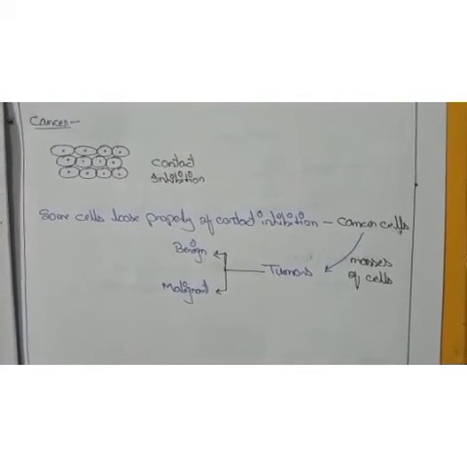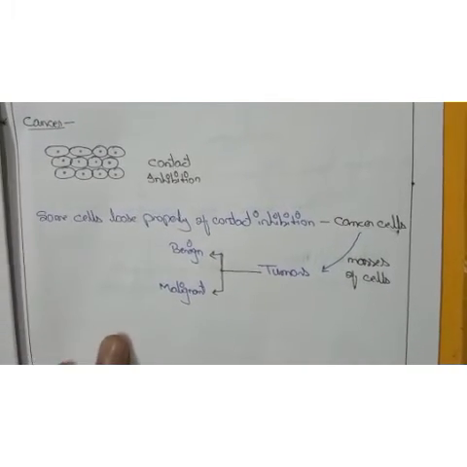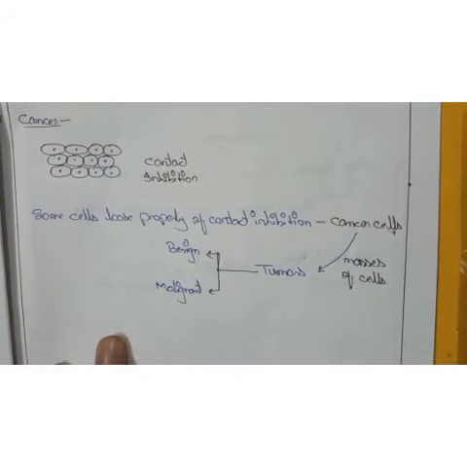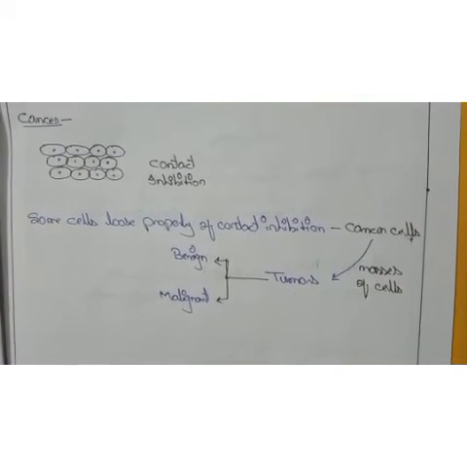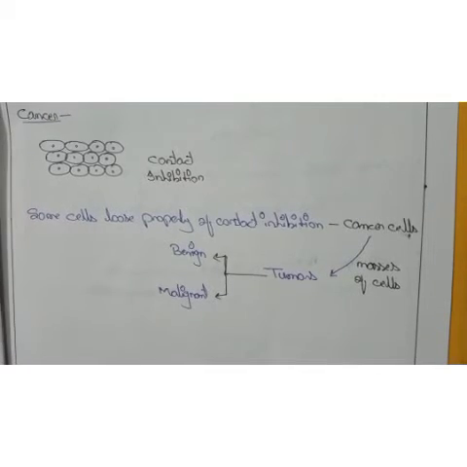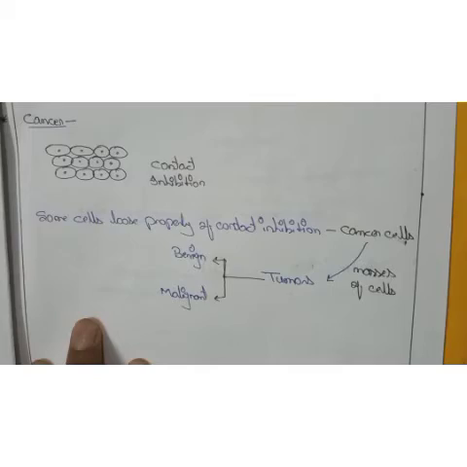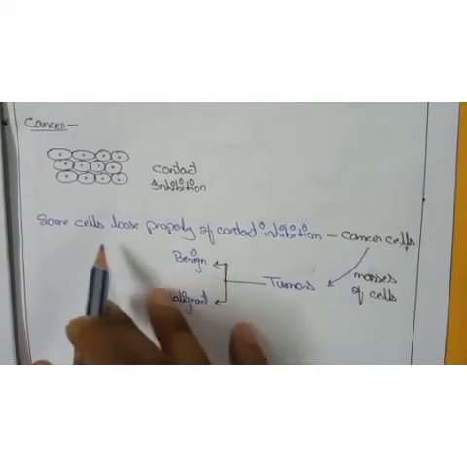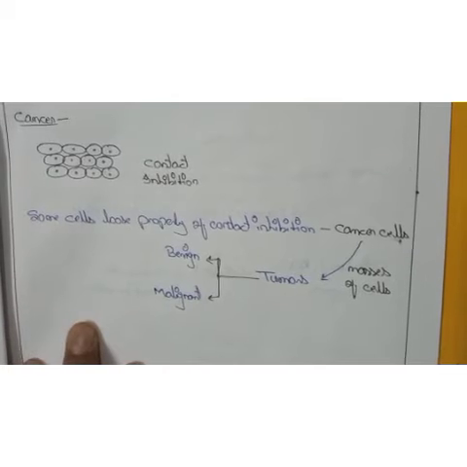Next, the most important topic for the NEET examination is cancer. Cancer is a deadly disease. It is the most dangerous disease. Some cells lose the property of contact inhibition.